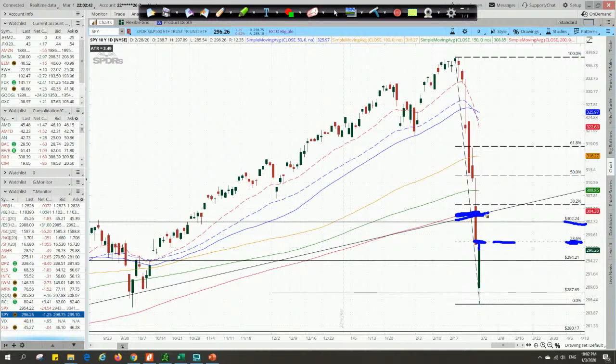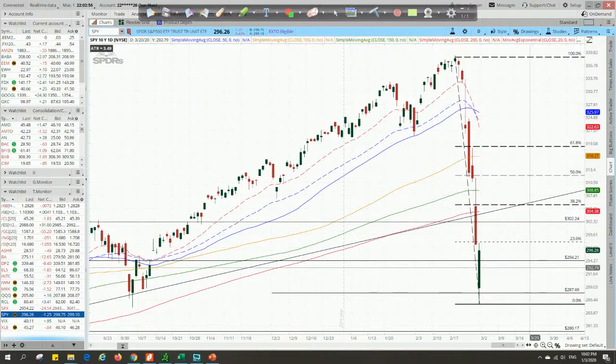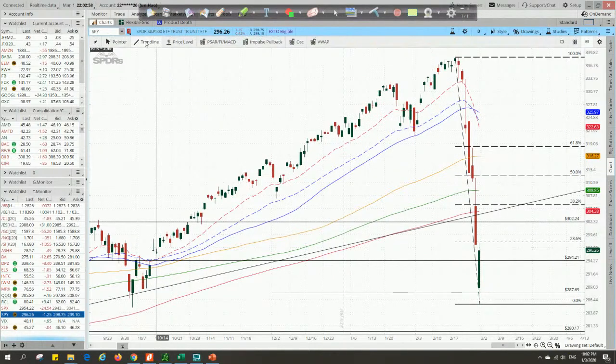If it breaks through, it will be met by the 38.2 level, followed by the 150 SMA, and then the 50% level. Now, personally, if it does continue rallying on Monday, in my own perspective and opinion, I think that it should at least rally up to the 150 SMA.